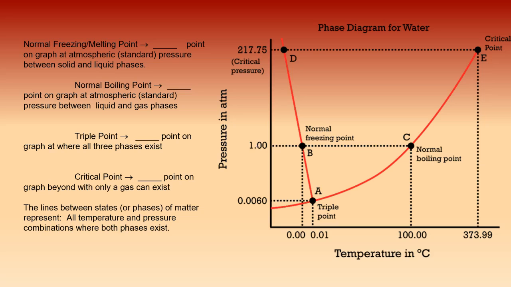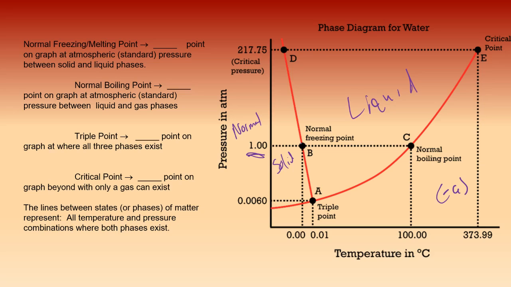As we were just saying, 1 atmosphere of pressure is considered normal because that's what the atmospheric pressure is on Earth at sea level. So we call normal pressure 1 atmosphere. The normal freezing point for this substance would be the point at 1 atmosphere where solid becomes liquid, and remember this area is the solid, this area is the liquid, and this area is the gas.